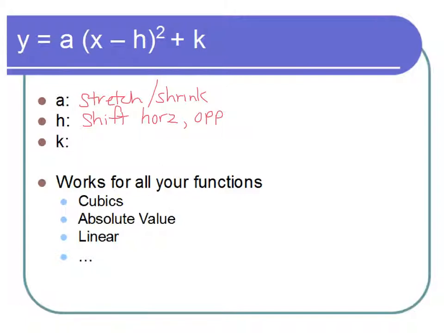All right, the last value that we're going to throw in these equations is this number out at the end that's going to get added. Since it's out at the end and not part of the parentheses, it affects the y value. It would take all these values that this would have given me, and it's going to make my y equal that much more. So it's going to move it up, or maybe down if it's a minus sign. So it's a shift vertically.